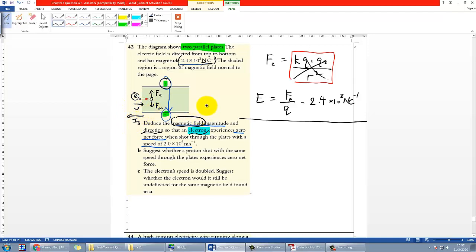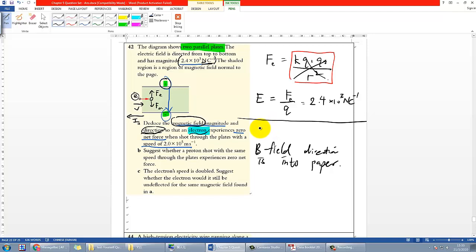So F is down, I is going to the left, so B is going into the paper. So for the direction, maybe I'll just write here, B field direction is pointing into the paper.